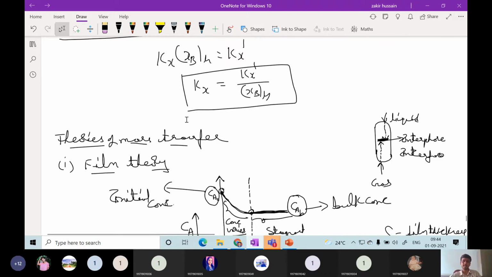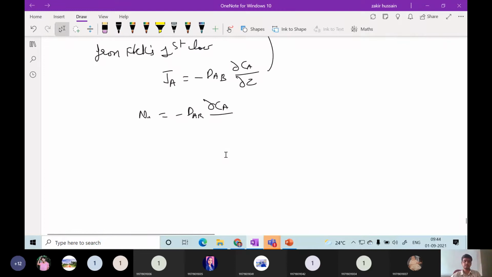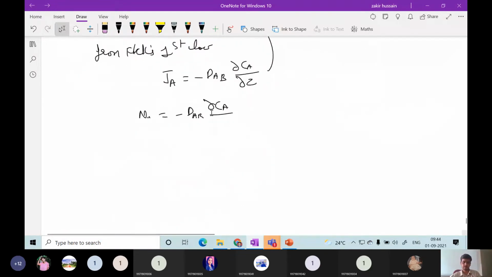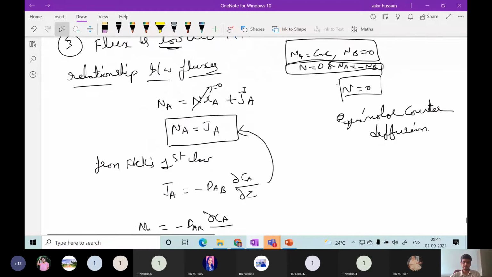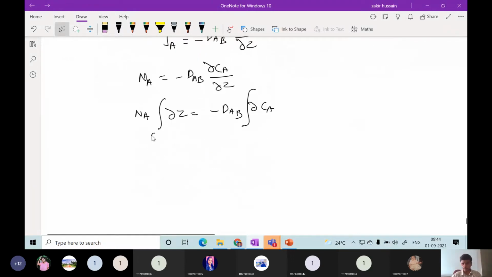So what are the limits here? When Z is equal to 0, the start of the film thickness or mass transfer zone, your concentration is the initial concentration Ca naught.